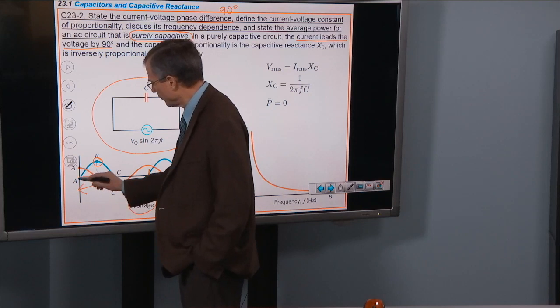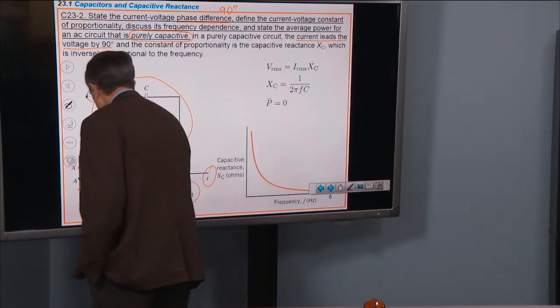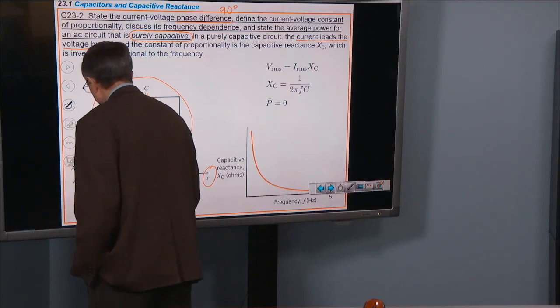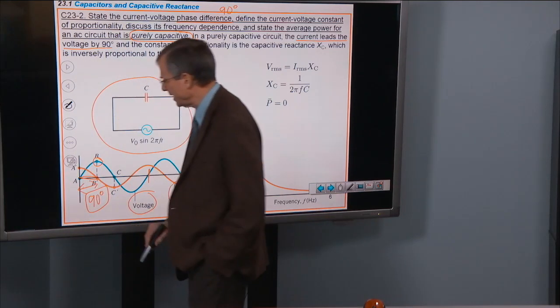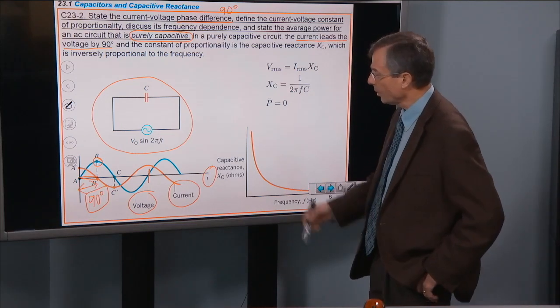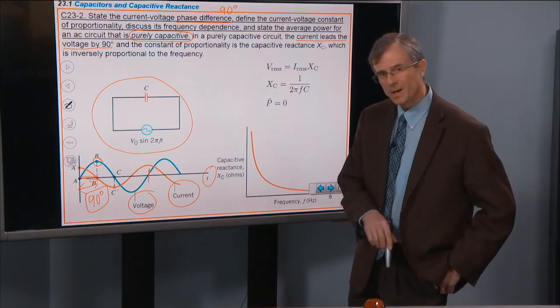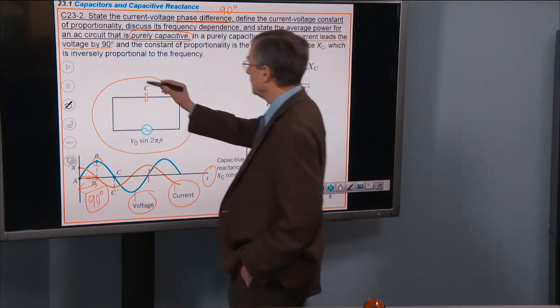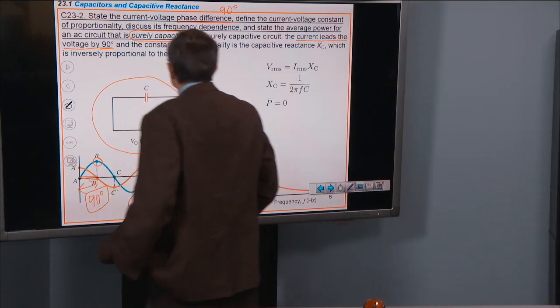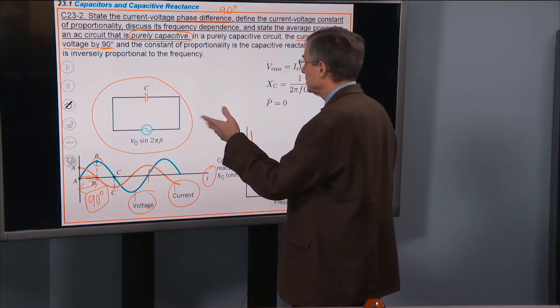So this is 1/4 of a cycle. A cycle is 360 degrees, and so this is the 90-degree phase lag that we think about, it's 1/4 of a period that the voltage lags behind the current. That's why we call this 90 degrees. All right. So that deals with the phase lag.